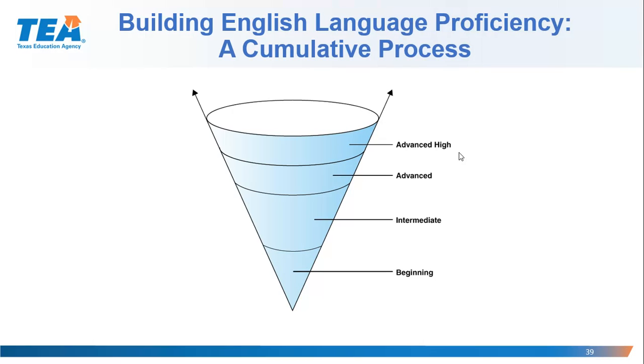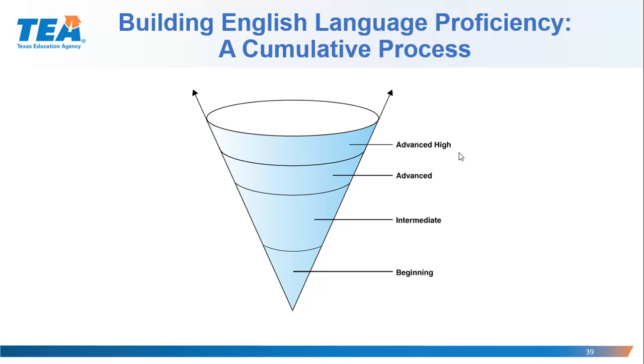Regarding the rates of progress, students move through the proficiency levels at different rates depending on factors such as age, language facility, and instructional variables. Some students progress more quickly in certain domains than others. In addition, students may move through certain levels more quickly or slowly than other levels.